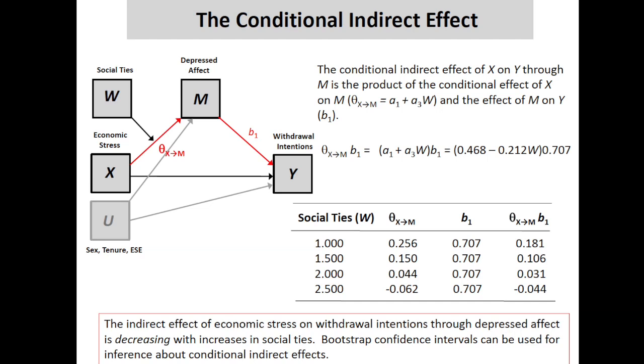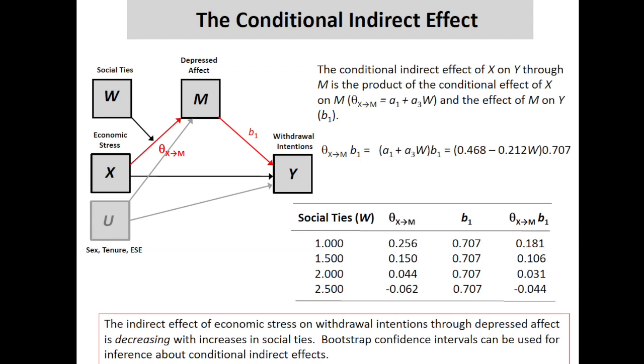Those two numbers, when multiplied together, give us the conditional indirect effect of stress on withdrawal intentions through depressed affect. It depends on social ties. So it seems that that indirect effect is decreasing with increasing social ties.